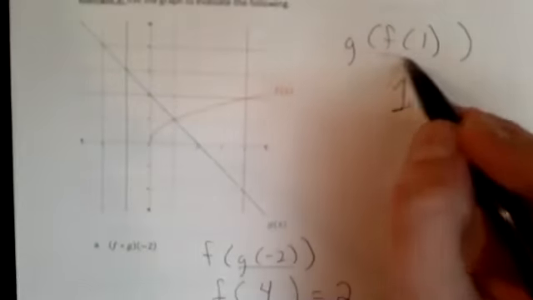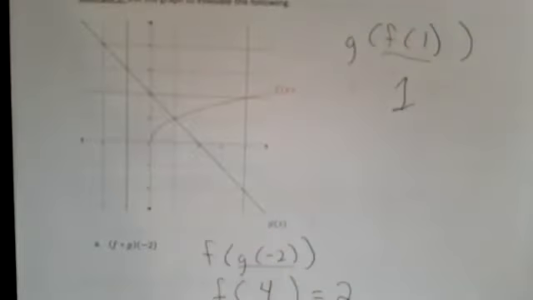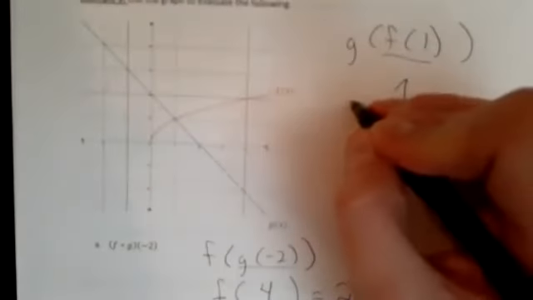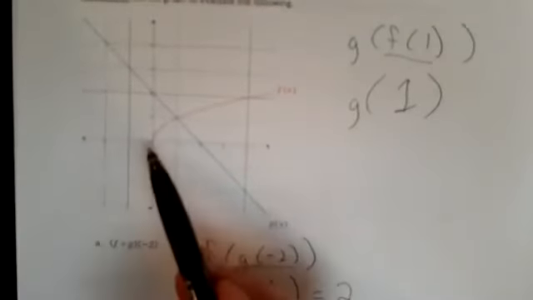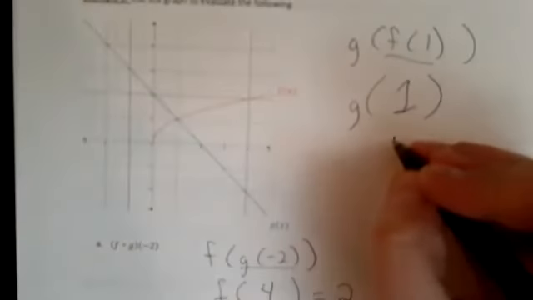And so this takes care of my F. I still need to plug this thing into my G. And so now if I look at G of 1, now this is my X. I look at G of 1. Oh, that's 1. So this is probably not the most interesting example, but it could do that sometimes.